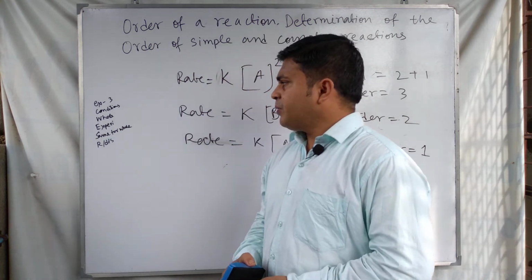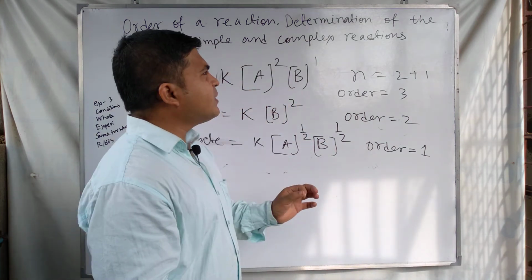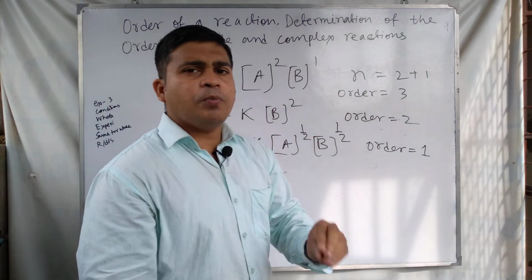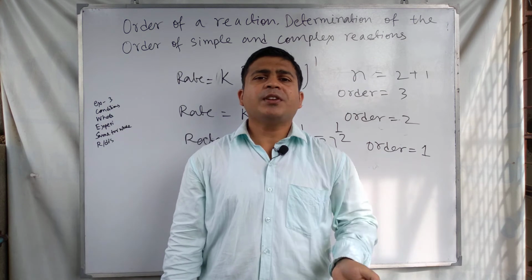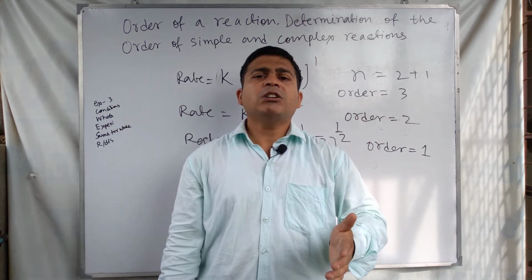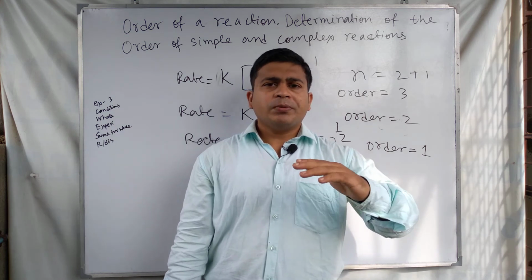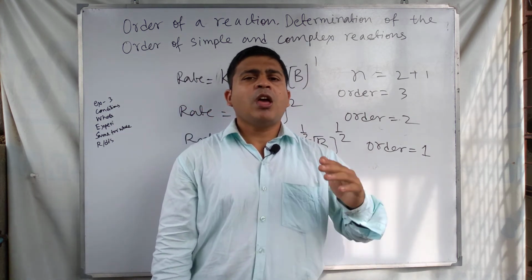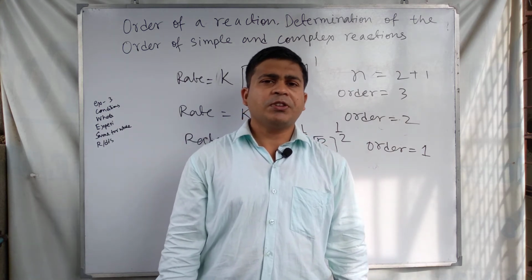The next point is that order is the same for a simple reaction or a complex reaction, whatever the type of reaction you have. A simple reaction, where the reaction takes place in one step, is called an elementary reaction. A complex reaction is one where multiple steps are present for a single reaction.